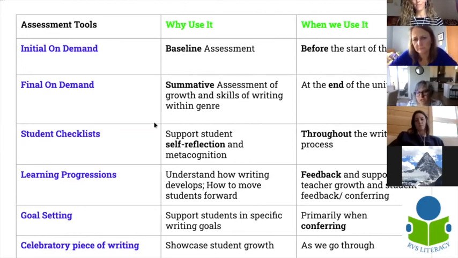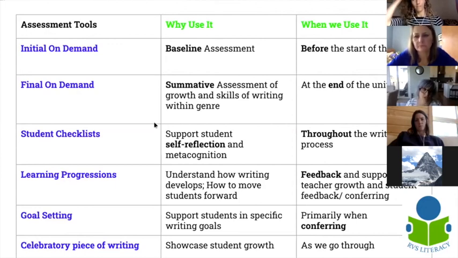And one of the recommendations that we were given was for the on-demand, the 'should have known last year.' First of all, the prompt is the same every year. And if you're just starting Writer's Workshop, introduce what the genre is. Read them a piece of text, a mentor text, to show them what an argumentative genre looks and sounds like, and now I want you to show me your understanding of what this might look like, and then you do the on-demand.